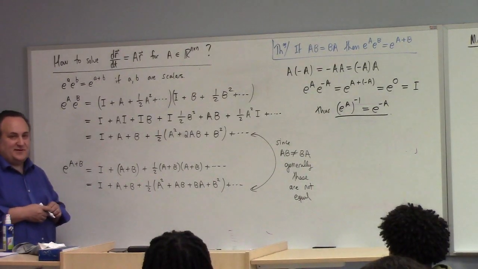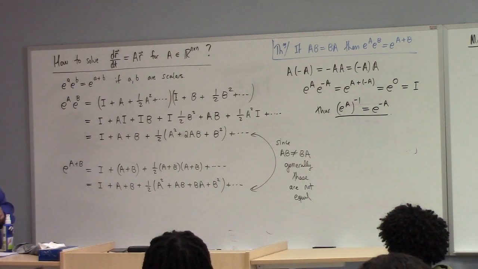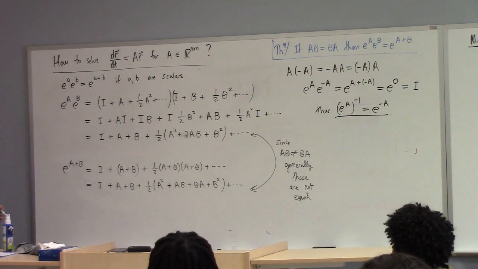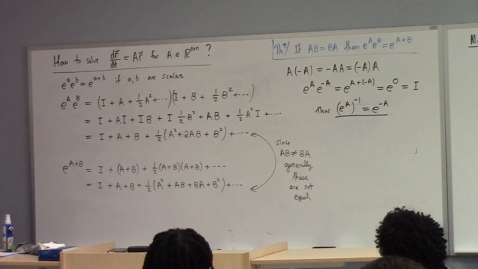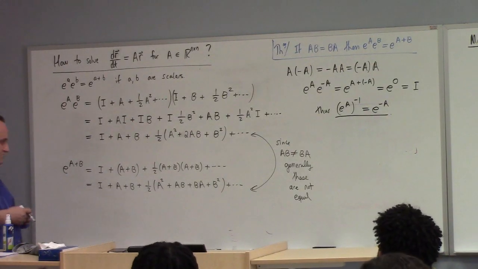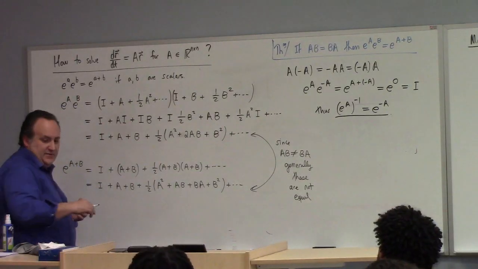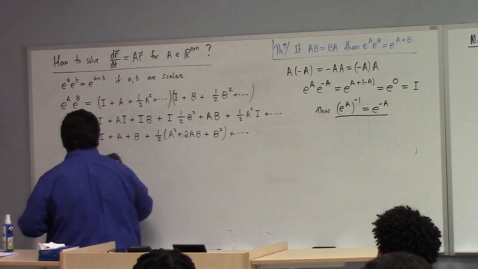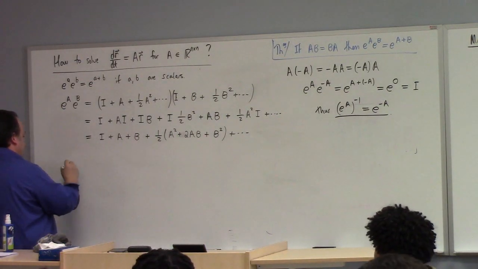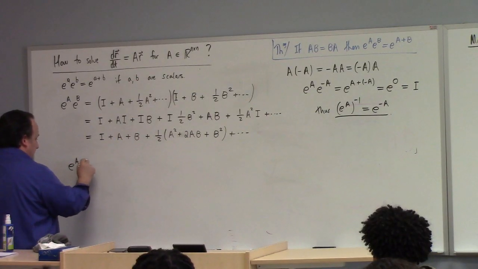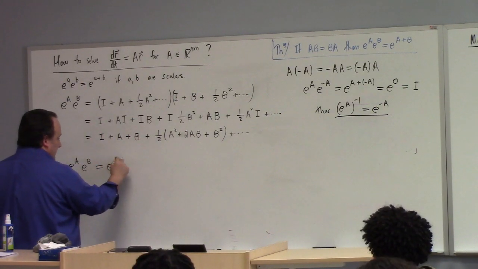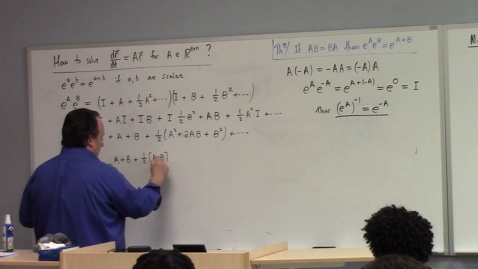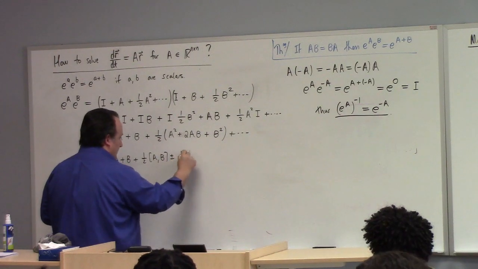So you might wonder, and no one's asking me, but I'm pretending you're asking me, well, if they're not equal, when they don't commute, what happens? You might ask that question, and the answer is the following. e to the a times e to the b is actually equal to e to the a plus b plus 1/2 the commutator of a and b, plus or minus, because I forget, 1/12 times a nested commutator with b.